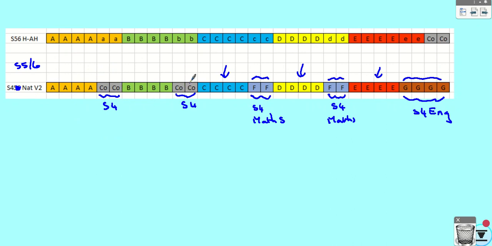Your other issue with splitting your core, and I should have mentioned this, if core are going here and here, what are S5, 6 pupils who are national level doing here and here? Right? Because if they're going to core there and there, 5th and 6th year need something in here. The ones that are not doing highers need something in here.